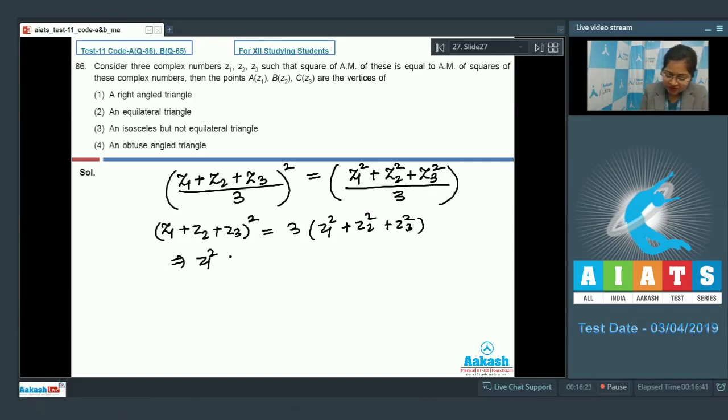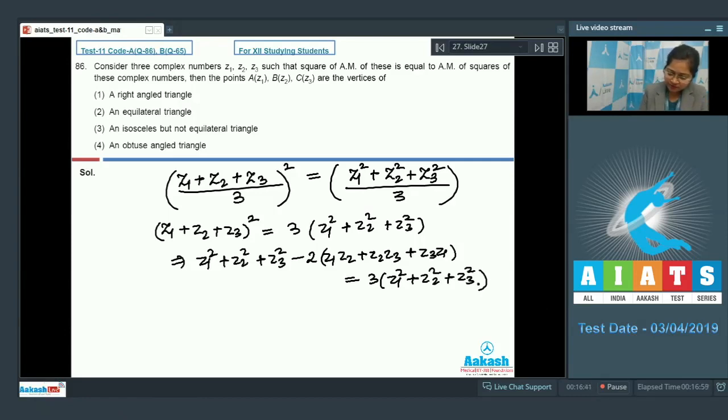Further it can be written as z1 square plus z2 square plus z3 square plus 2 times (z1 z2 plus z2 z3 plus z3 z1) is equal to 3 times (z1 square plus z2 square plus z3 square).